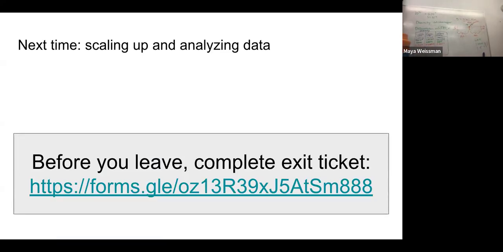So before you leave, complete the exit ticket again. Please make sure it works. I just changed it. Essentially, I'm going to erase this and make you remember it. We did two main activities in class today, the demographic history one and the efficiency of selection one. The first question is asking about the first, and the second question is asking about the second activity.